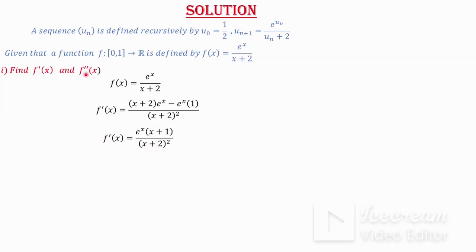Let us then get f double prime of x. To get f double prime of x, we are simply going to differentiate f prime of x.